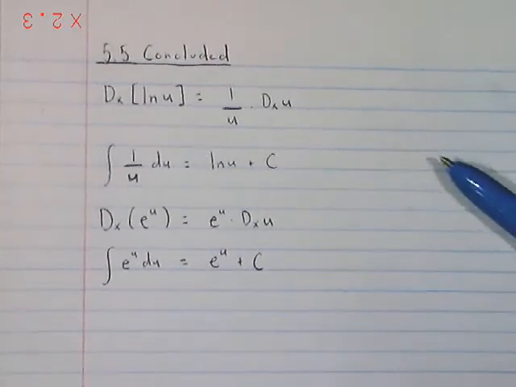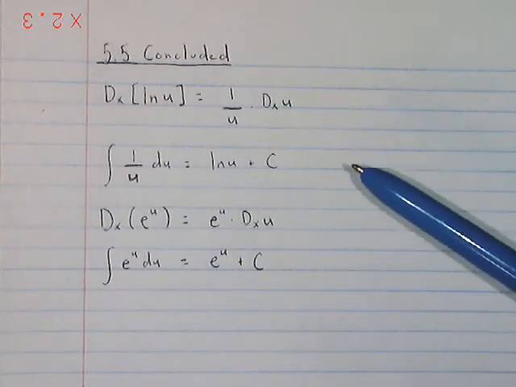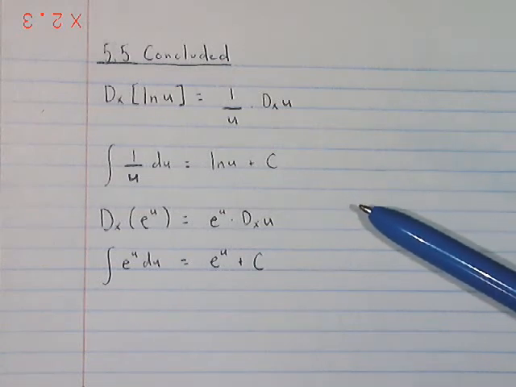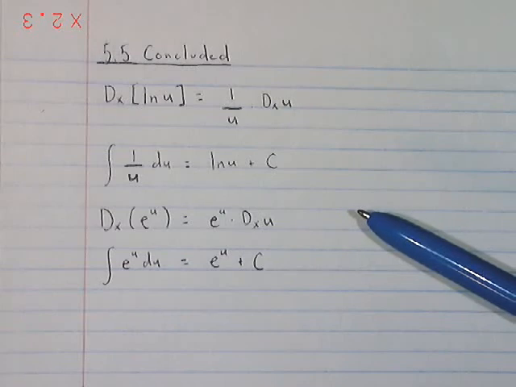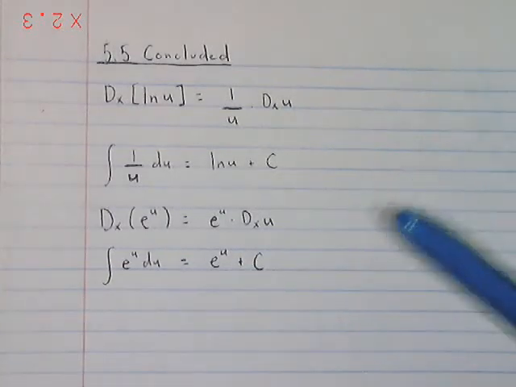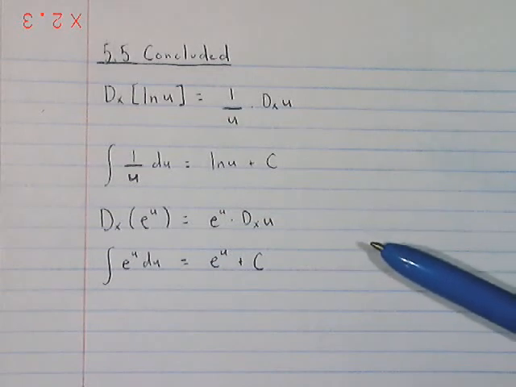But what we had started to do in 5.5 was to expand that outside of just the natural number e, and look at other exponential and logarithmic functions. That's what we're going to conclude with today.